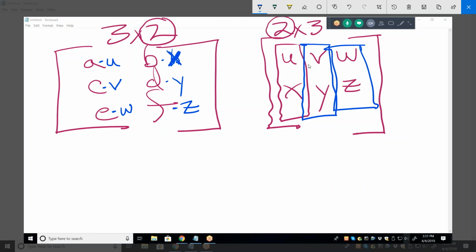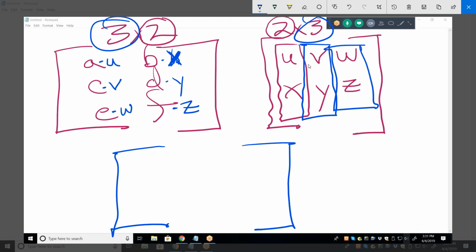And then your result is the sum of those 6 numbers. Oh, excuse me. No, that's wrong. The result is a 3 by 3 matrix. In other words, the result is always the outside two numbers. So I know when I multiply these things together, I'm going to have a 3 by 3.